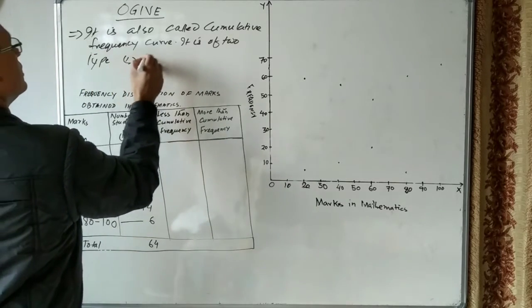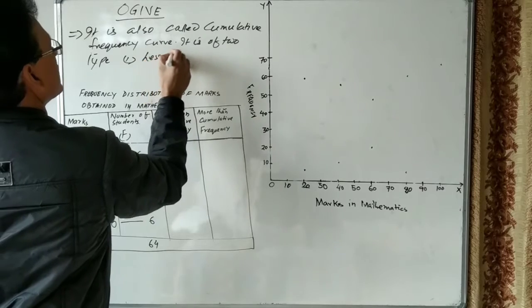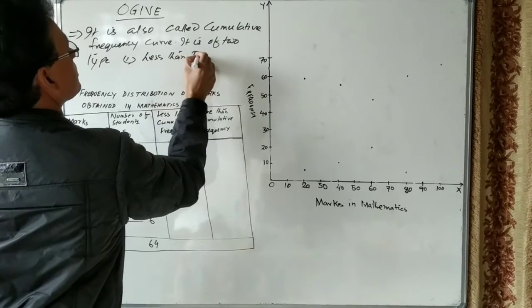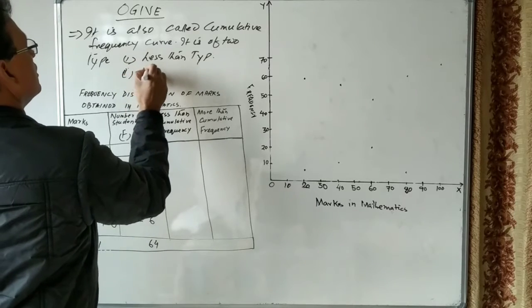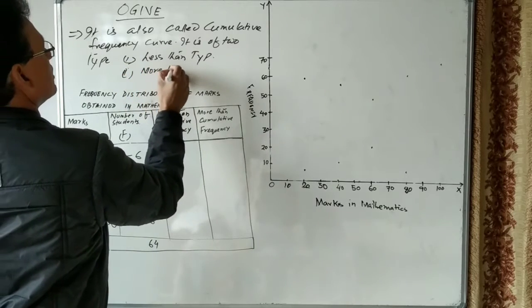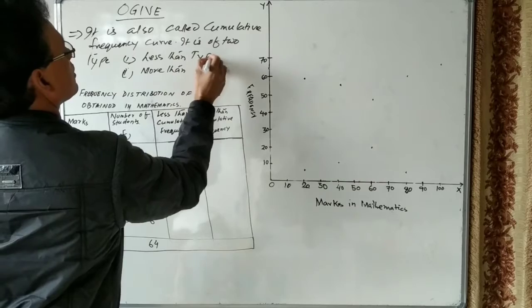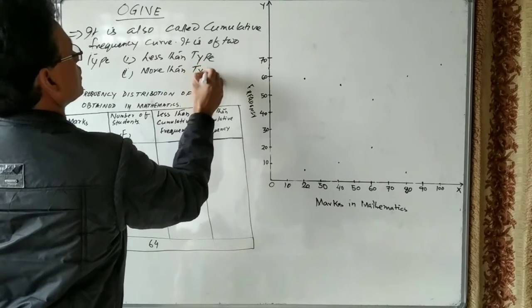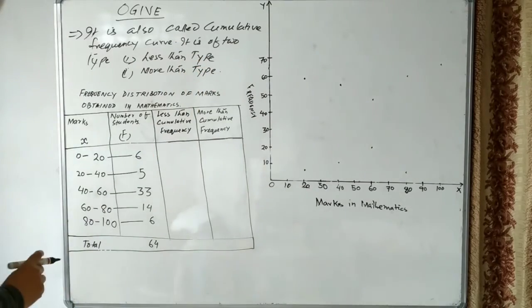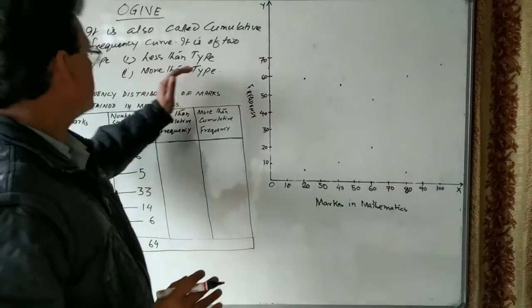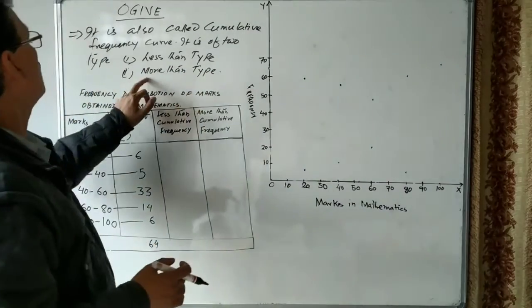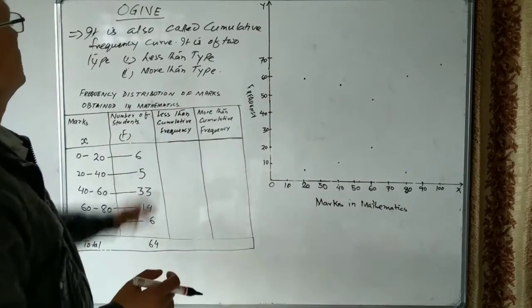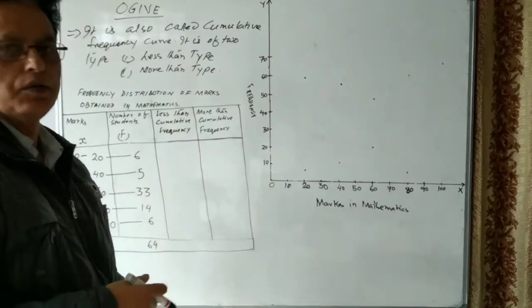One is called less than type, and another one is called more than type. Less than means less than ogive or less than cumulative frequency. Another one is called more than type or more than cumulative frequency.